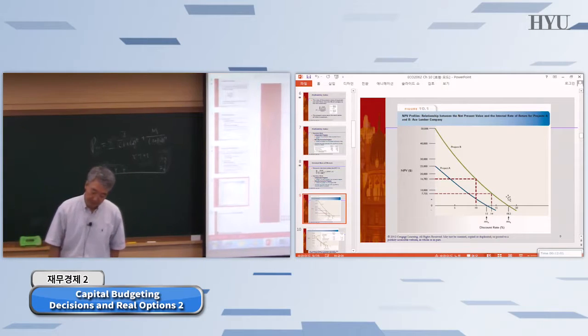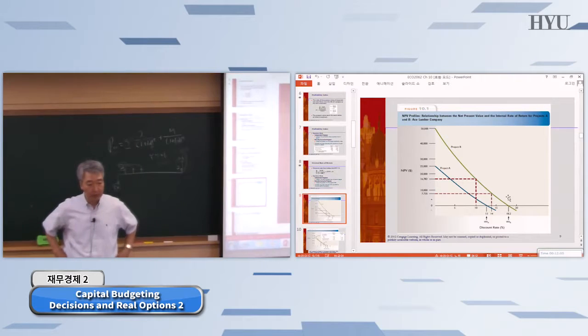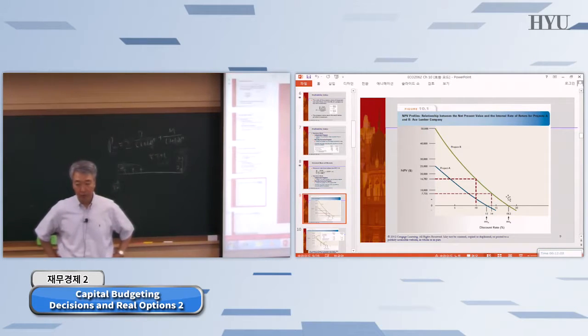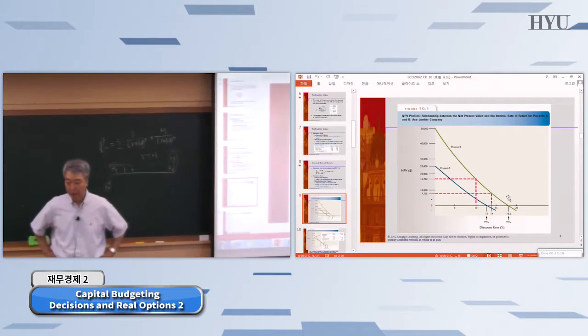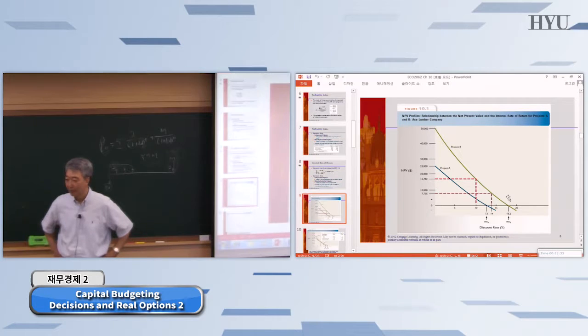All right. So if A and B are independent, then you can accept both, right? As long as what? You can accept both A and B as long as you have enough money, and they're not mutually exclusive.